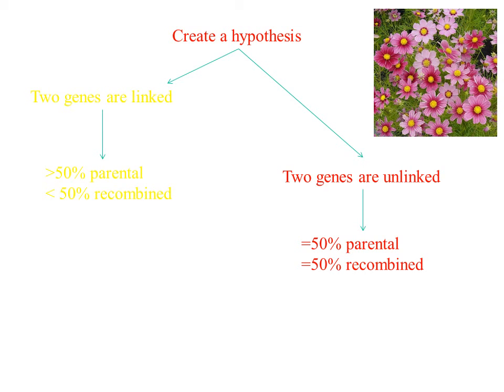So you create your hypothesis based on what you observed. So based on what we observed, we're going to create the hypothesis that states two genes are unlinked. Why? Because when we looked at the data, it resembled unlinked data where 50% of the offspring looked like the parental types.